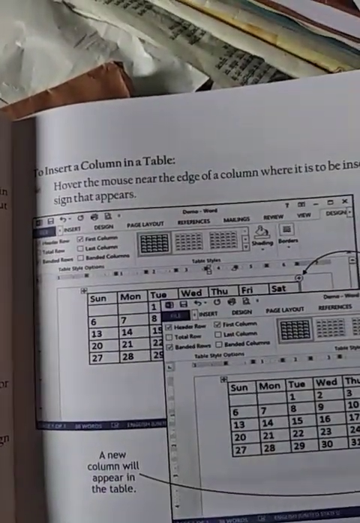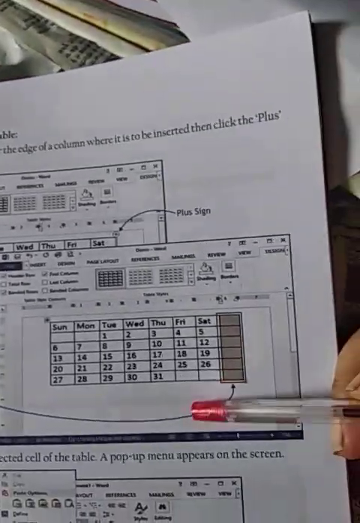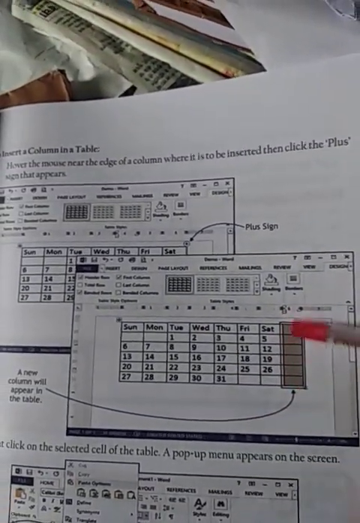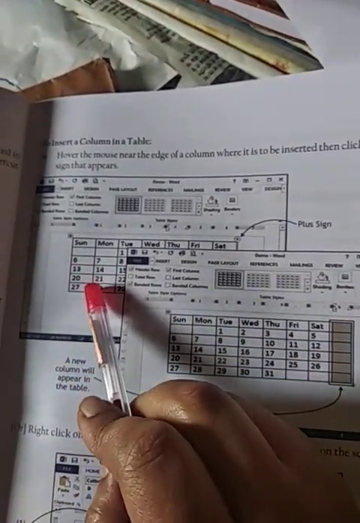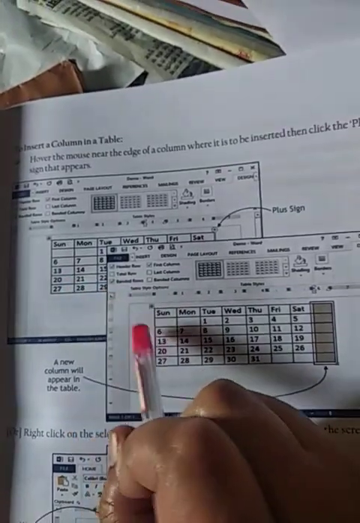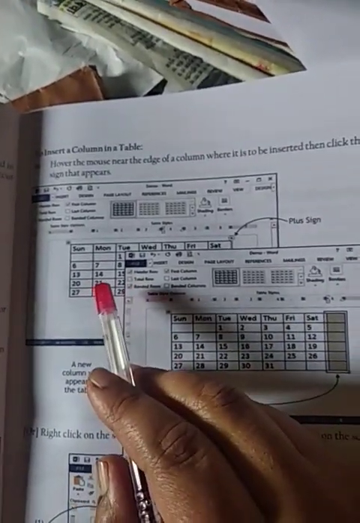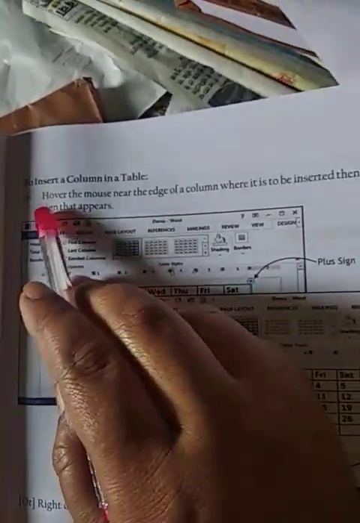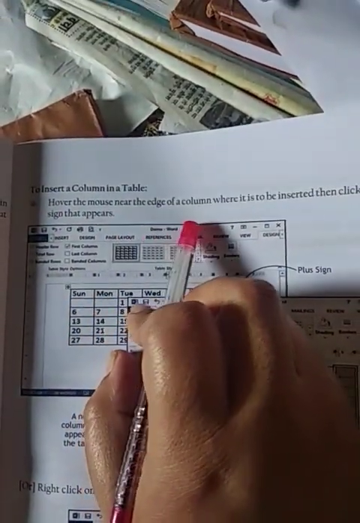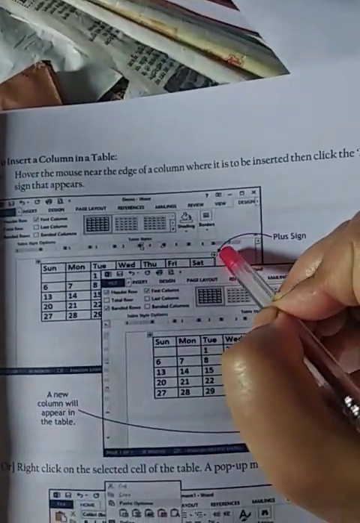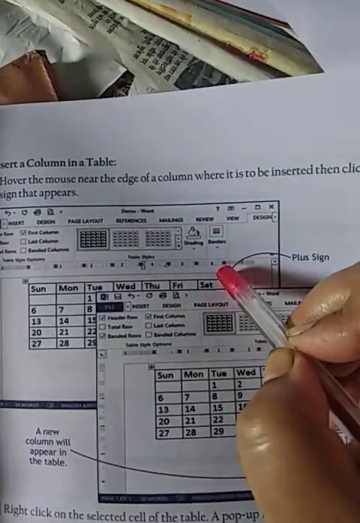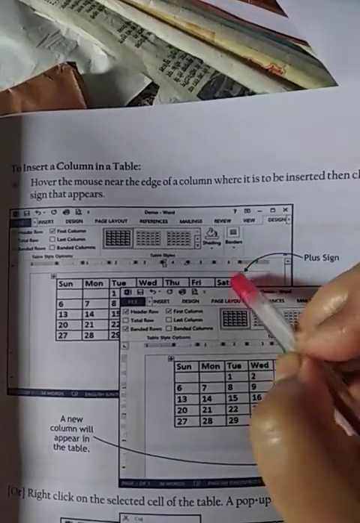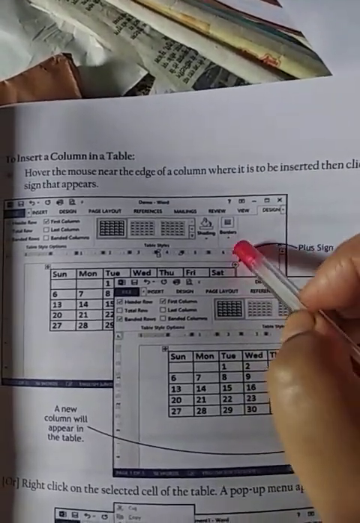Similarly, if we have to insert a column, you see a new column has been inserted into the previously existing table. Now what is the method? The method is quite similar to the previous one. Just hover the mouse near the edge of the column where you want to insert the new column.